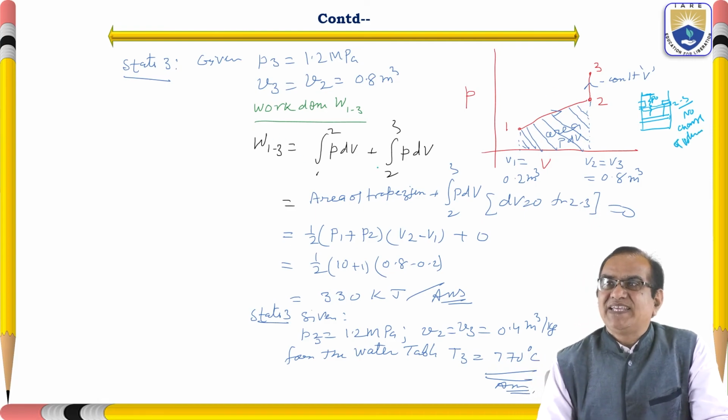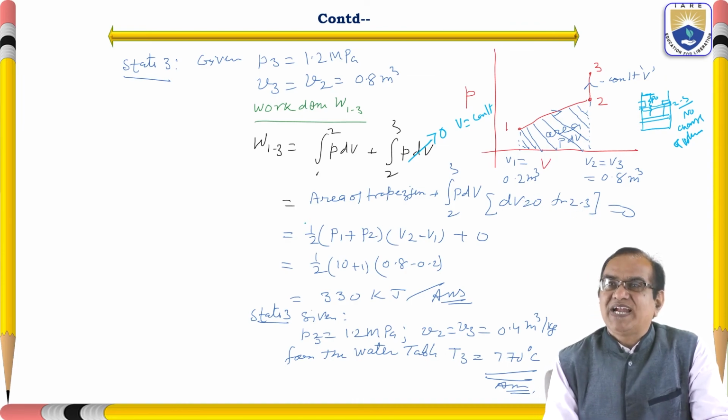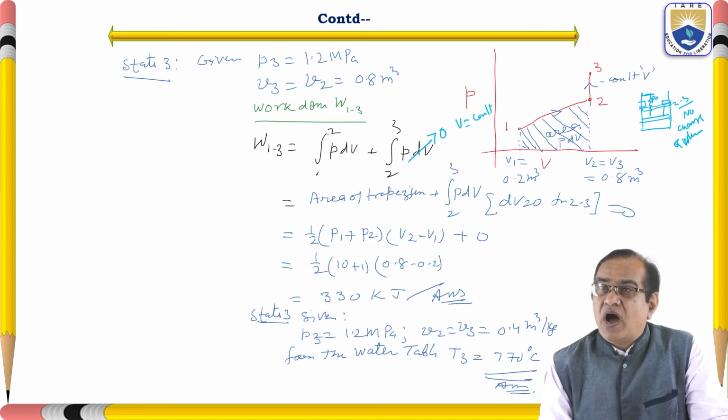So we can write here integration of 1 to 2 PdV plus 2 to 3 PdV. Here dV is equal to 0, V constant. So the area of the trapezoid under 1 to 2, plus 2 to 3 PdV, but here dV is equal to 0 for 2 to 3. So we will get the area as half of P1 plus P2.